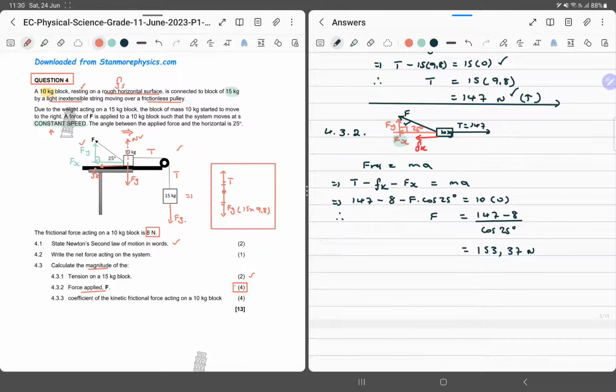But now in what direction? Remember, if you're looking at our direction, this is north, east, south, west. So this is going at 25 degrees in that direction, so that is going to be 270 plus 25, which is 295. Again, that was not the question. The question was on the magnitude.